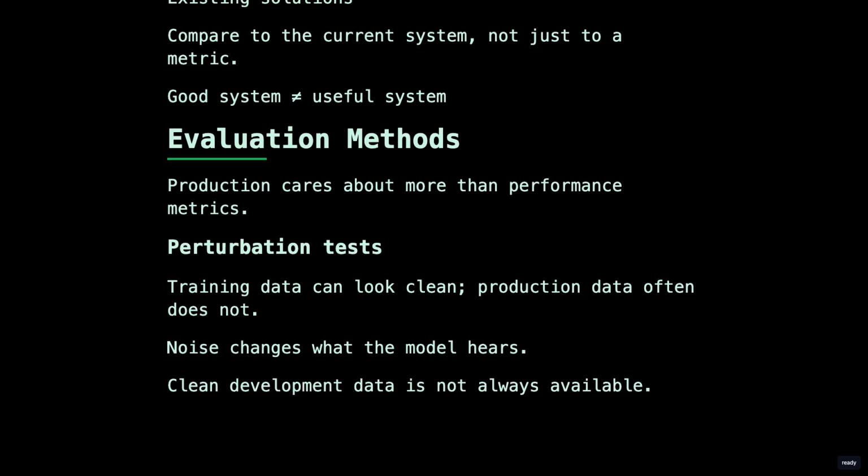Ideally, the data used for training should resemble the data the model will face later, but that often is impossible. When the real world is noisier than development, the best model on clean data is not necessarily the best model on messy data.